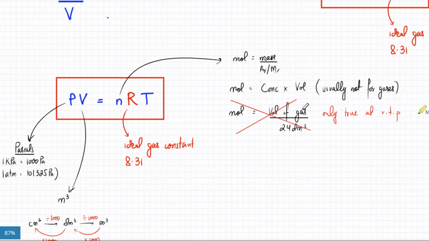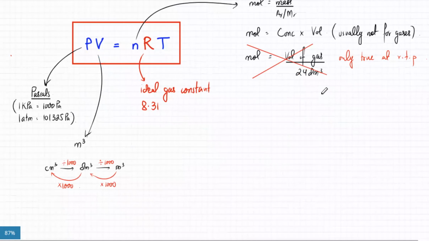So a gas is compressible. One mole of gas is 24 dm cube, but it's only true at RTP. Remember, when you're using PV = nRT, you're basically not at RTP. The pressure is something else, the volume is something else, the temperature of a gas is something else. So this statement is only going to be true at RTP.